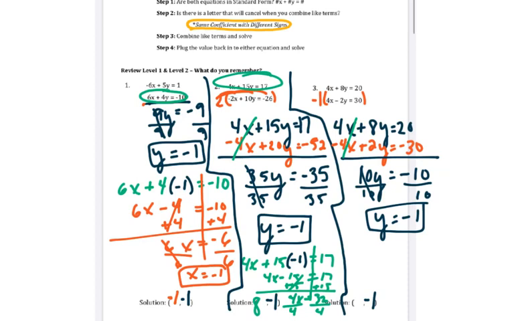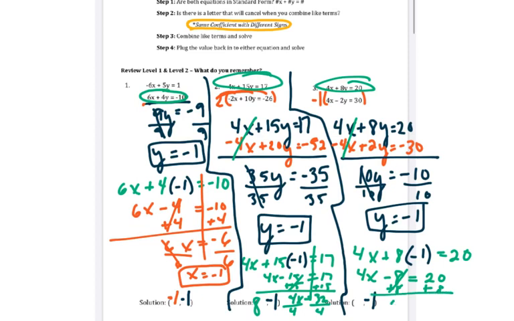Now we take this, pick any equation and write it down: 4x plus 8, instead of y is negative 1, equals 20. 4x minus 8 equals 20. Move the number first, and divide. So x is 7.